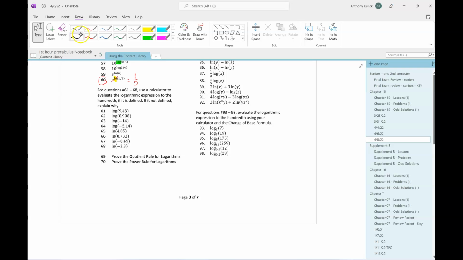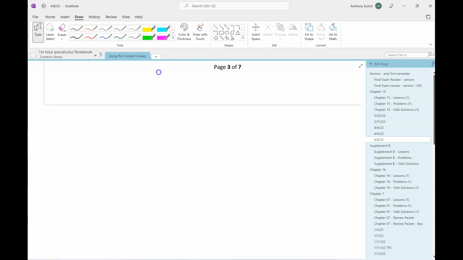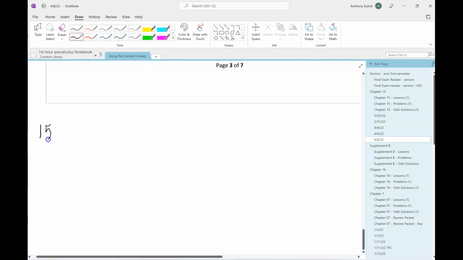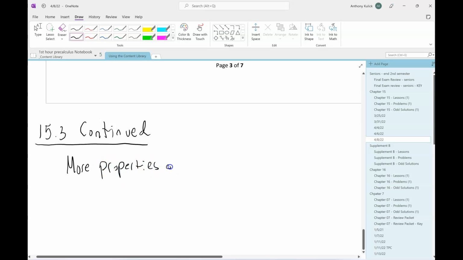In section 15.3. So, some more properties of logs.